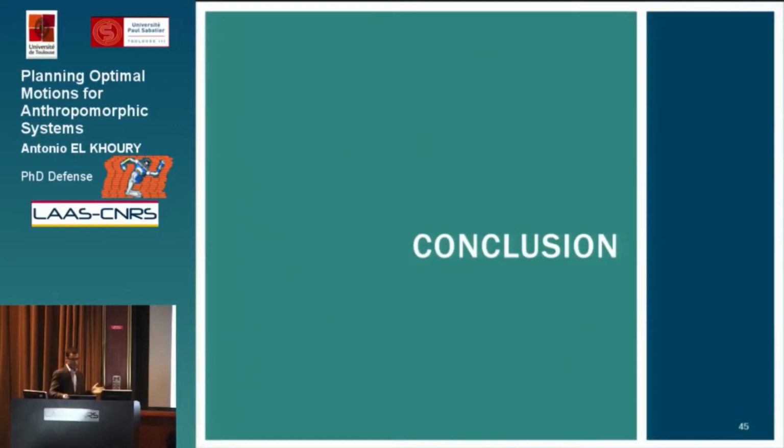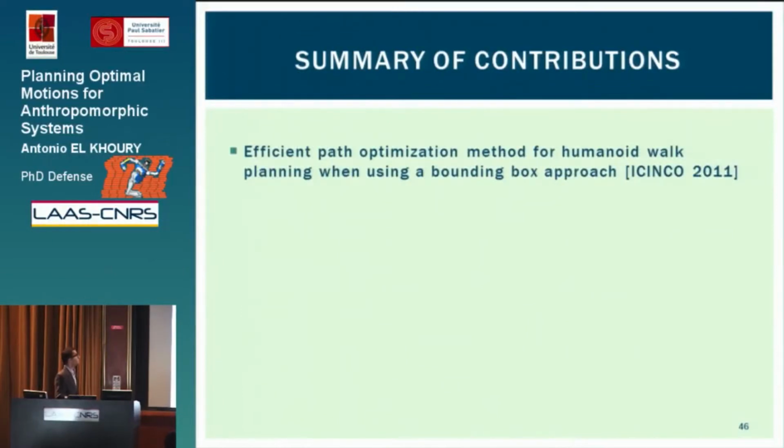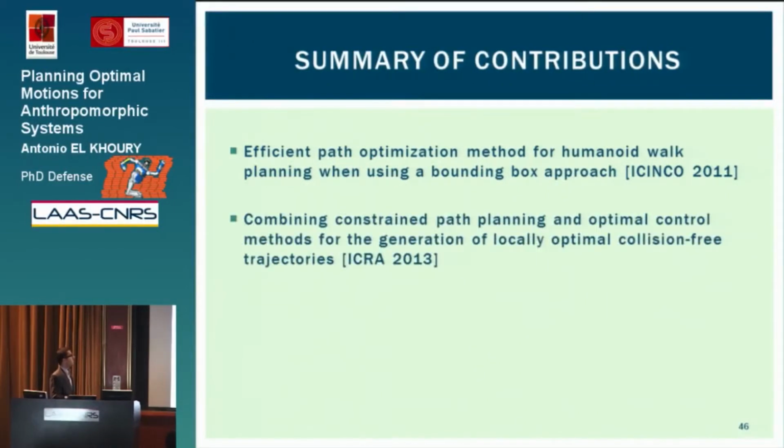So this concludes all the parts that I introduced, and we reached the conclusion of my talk. So I'll first start with a summary of my contributions. First, I devised the path optimization method for humanoid walk planning when using the bounding box approach. And then I moved on to combining constrained path planning methods with optimal control methods for the generation of locally optimal collision-free trajectories.